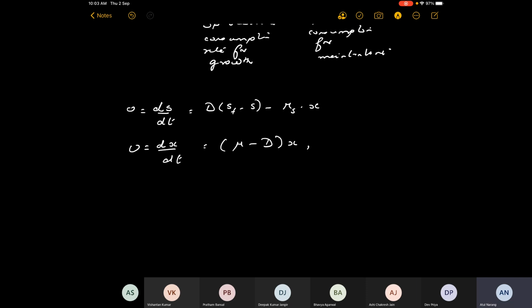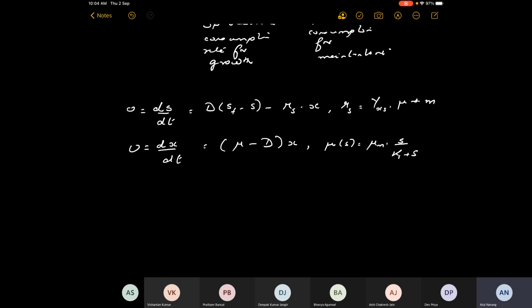Now, what we are assuming here is that mu is still what we assumed earlier, which is mu_m Ks S divided by Ks plus S. But now we're assuming that RS is actually Y_XS multiplied by mu plus a constant quantity called M. That's it.